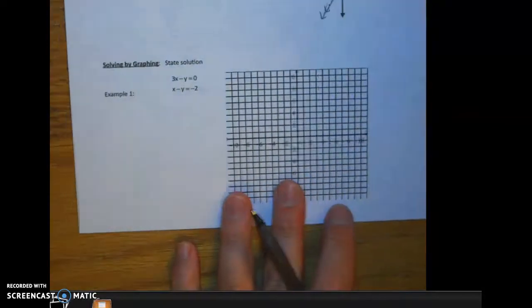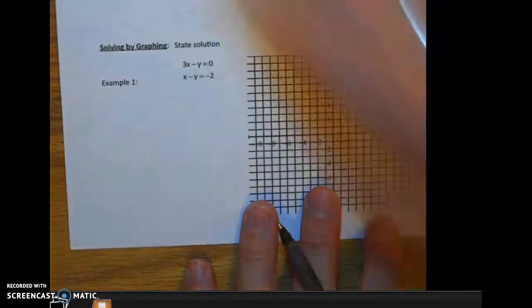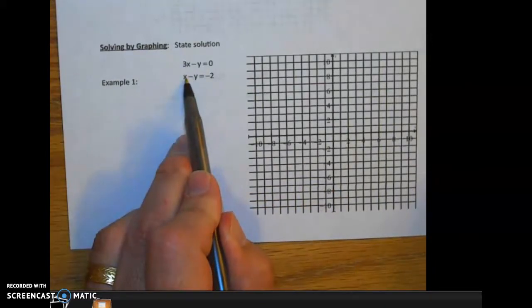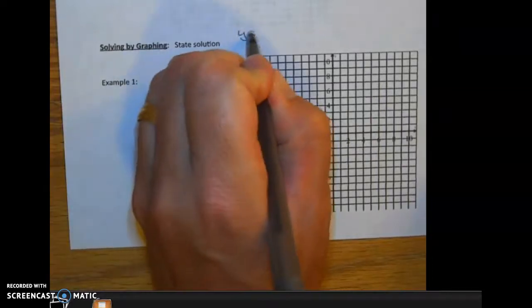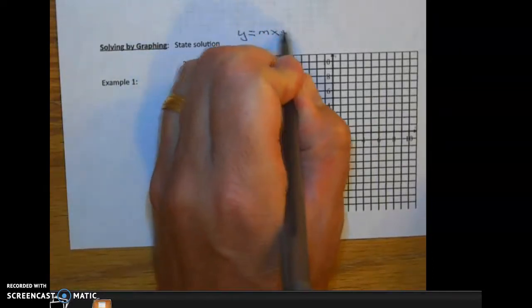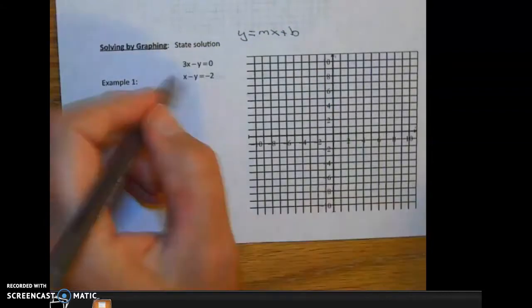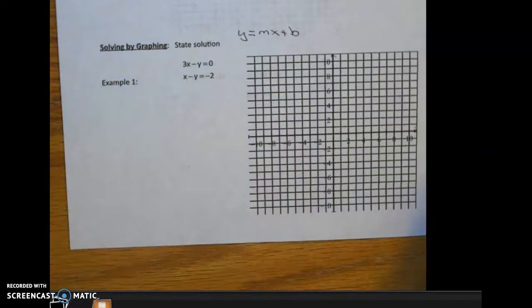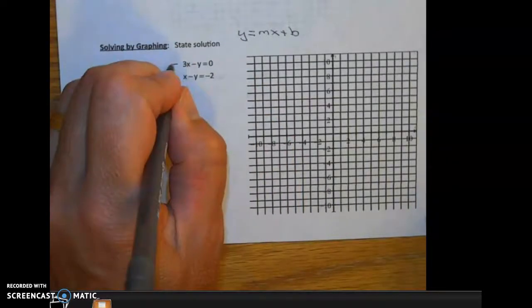So let's look at this example. First of all, notice that these equations are not in graphing format. Graphing format would be slope-intercept form. So we want to change these to slope-intercept form, and we did that last week. So this will be review.